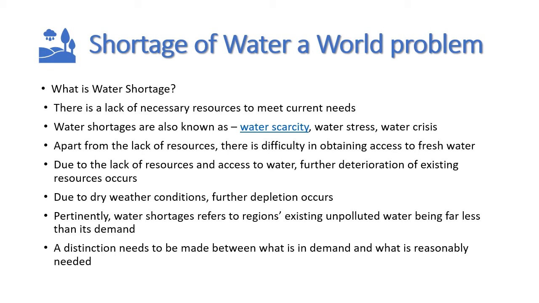Apart from the lack of resources, there is difficulty in obtaining access to fresh water. Due to the lack of resources and access to water, further deterioration of existing resources occurs. Due to dry weather conditions, further depletion occurs. Water shortages refer to regions. A distinction needs to be made between what is in demand and what is reasonably needed.